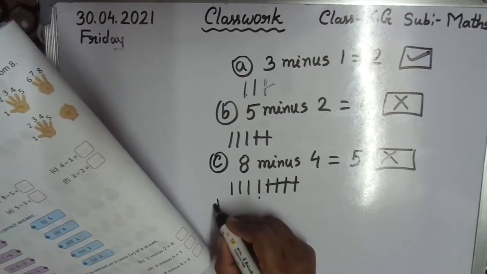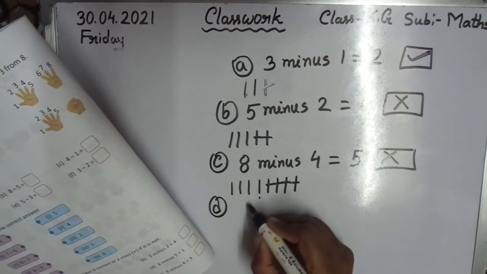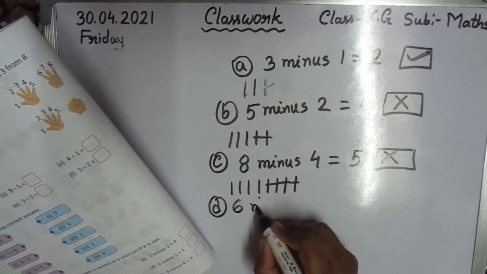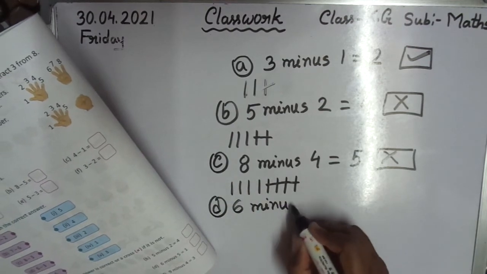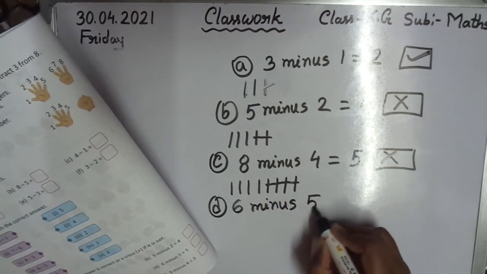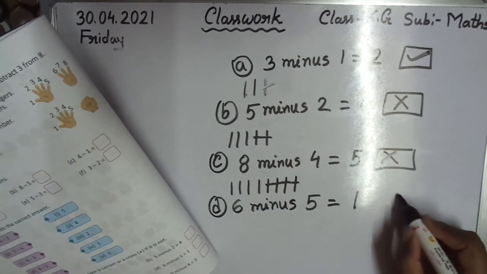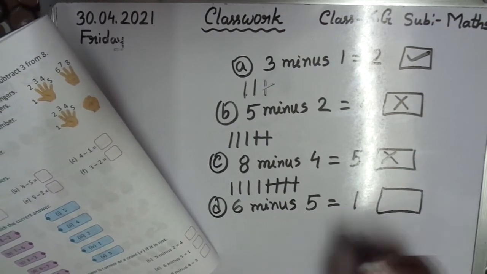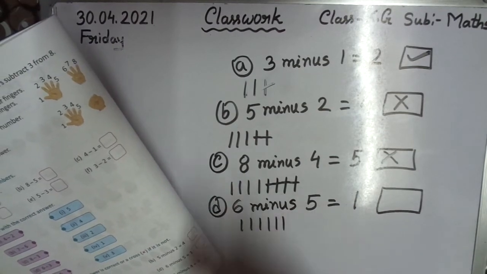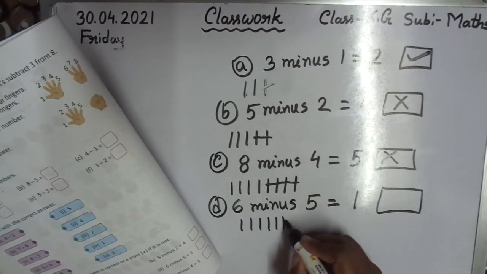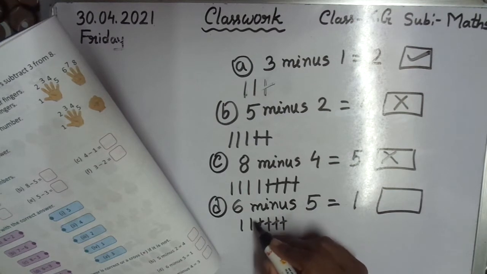D. 6 minus 5 is equal to 1. 1, 2, 3, 4, 5, 6. 5 minus, so 1, 2, 3, 4, 5.